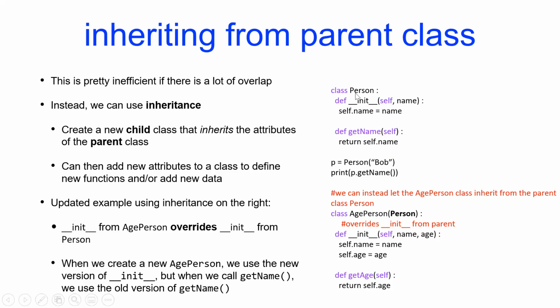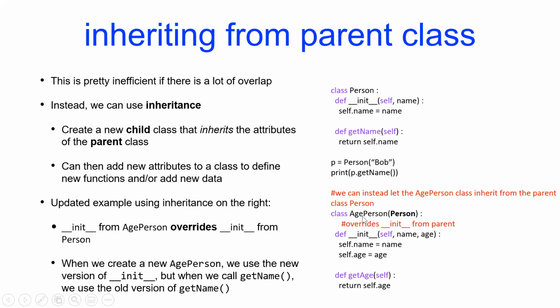For example, the person class has a constructor. The constructor initializes an instance attribute called name. Then you can define a getName to return the person's name. So if you define a person Bob, then you can say print p.getName. That is what we have seen before.